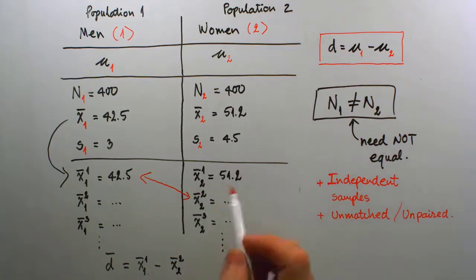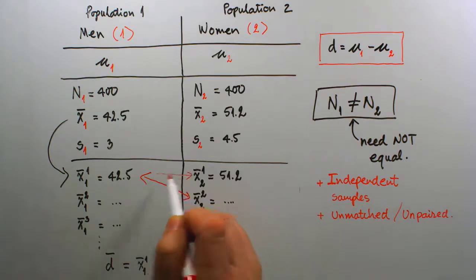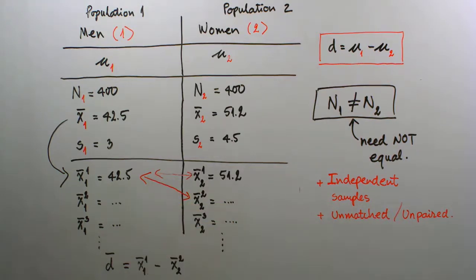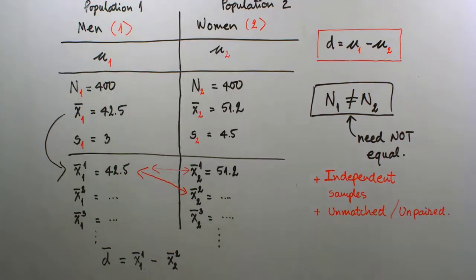We can do like this. That means we can have another difference, being sample mean 1 from population 1 minus sample mean 1 from population 2. This is also a value for our d bar right here.